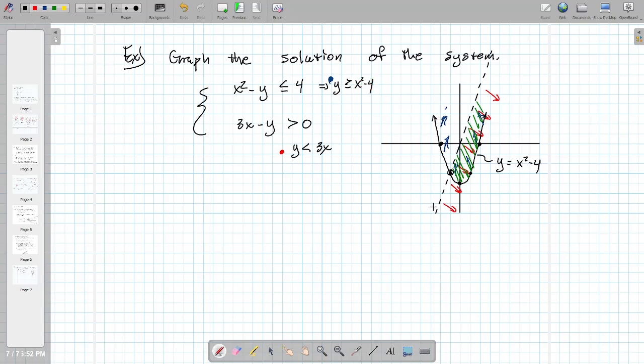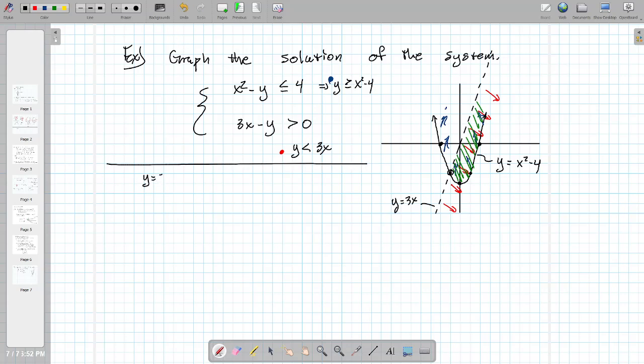And similarly, y is equal to 3x is the boundary for our second inequality. We're looking for where these two equations intersect because we're looking for where the boundaries intersect. So we set x squared minus 4 equal to 3x, and then we'll find the corresponding y values after.